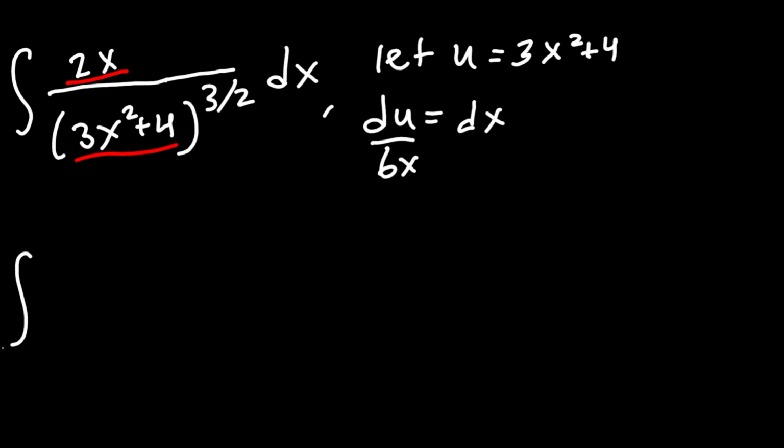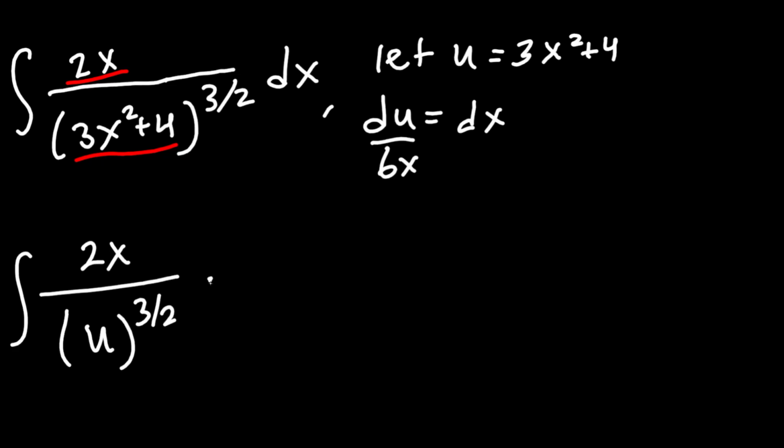Now if we look at our new integral, we have the integral of 2x divided by, instead of 3x squared plus 4, u to the 3 halves, and then we're going to multiply, instead of by dx, by du over 6x.